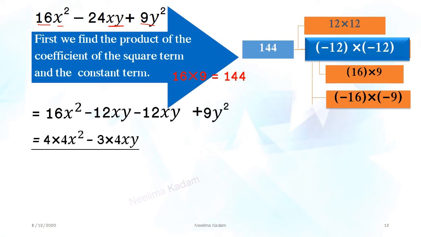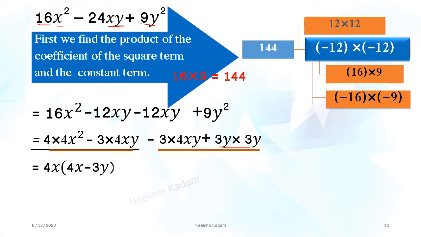Now 16x square we will write as 4 into 4x square. 12 we will write as 3 into 4. Here again 3 into 4, and 9y square means 3y into 3y. Now 4x will be common. So remaining 4x, 4x and minus 3y because x is common here.